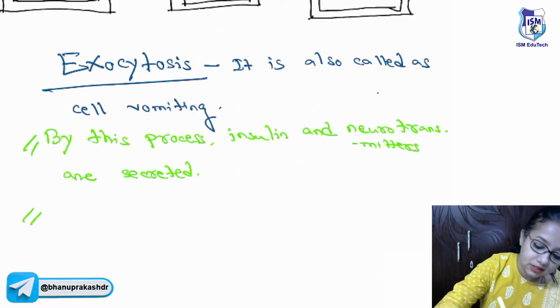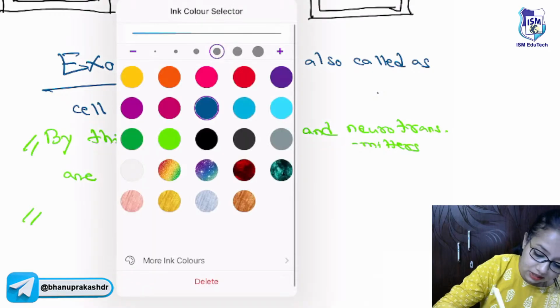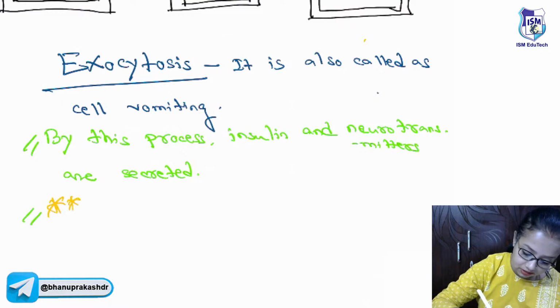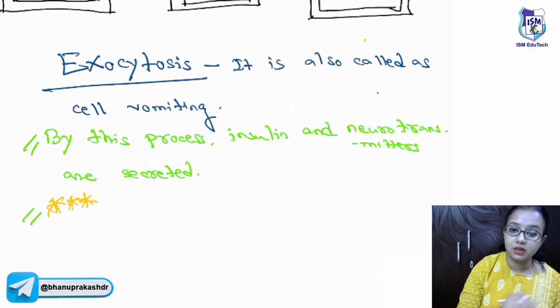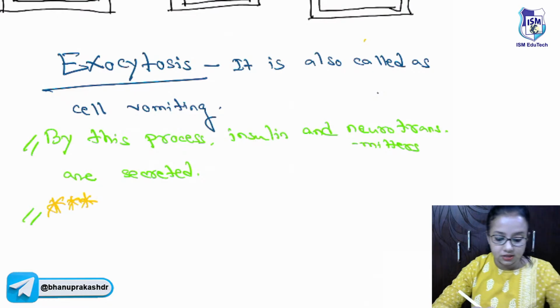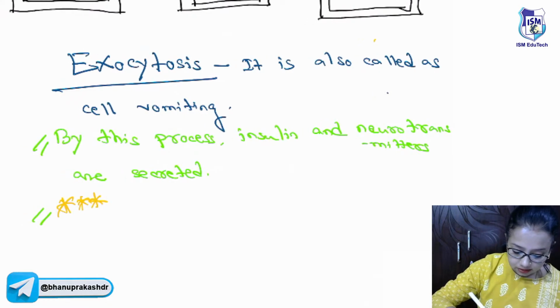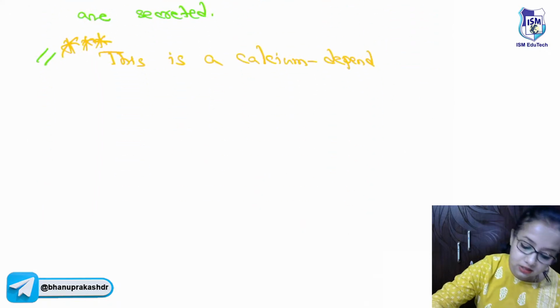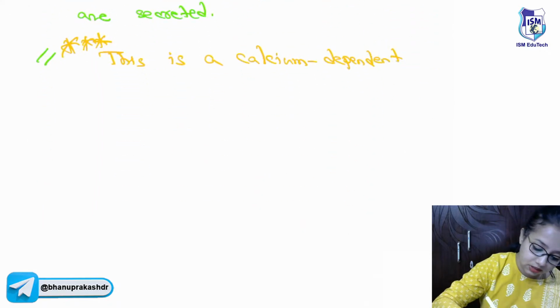Another interesting and essential point to remember, I'm putting a star on it. We can't forget it. It's very, very important, which is that this is a calcium dependent process.